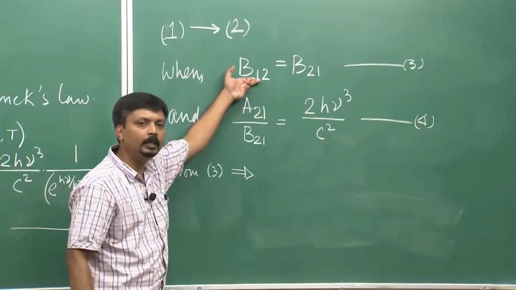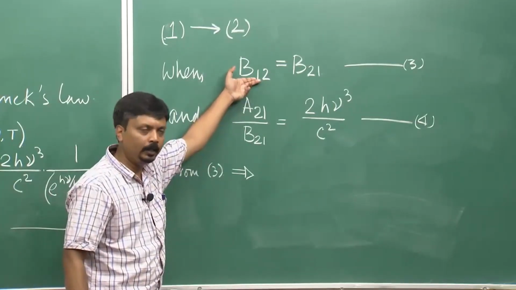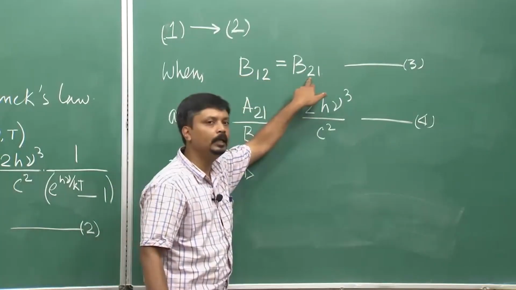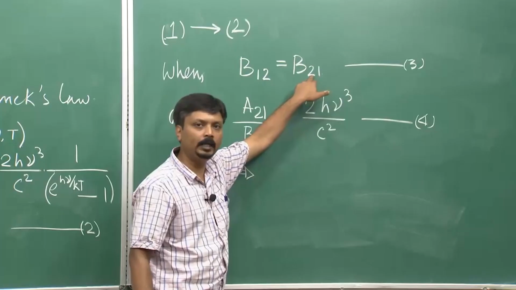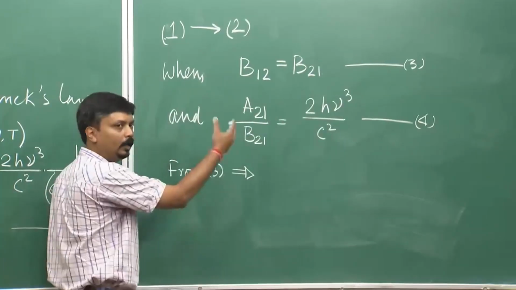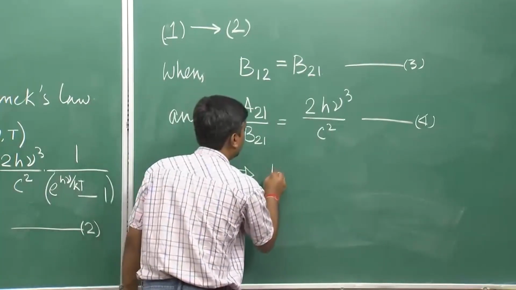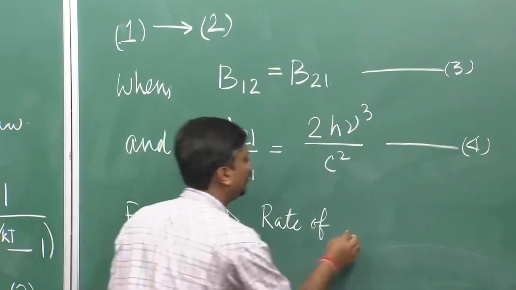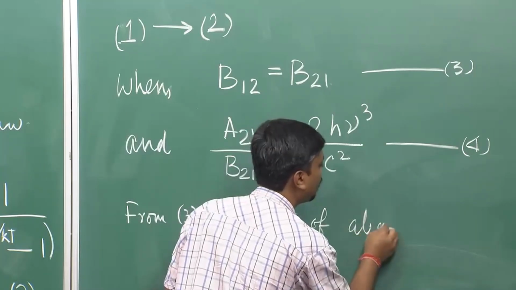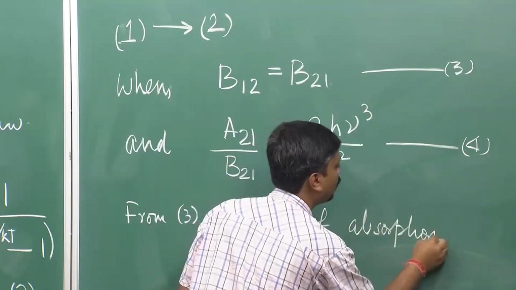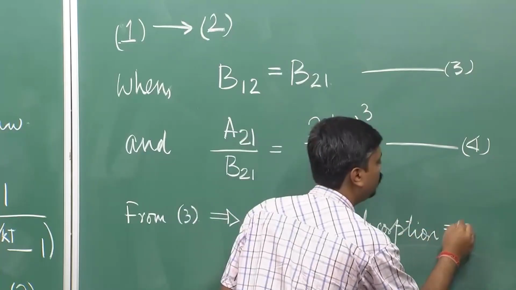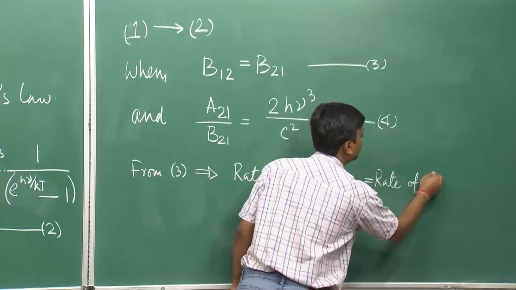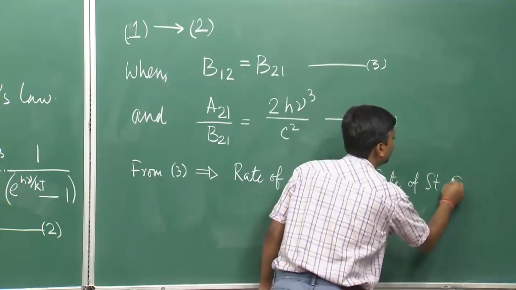B 1 2 is the rate constant for absorption, and B 2 1 is the rate constant for stimulated emission. So, in other words, I can say the rate of absorption is equal to the rate of stimulated emission.